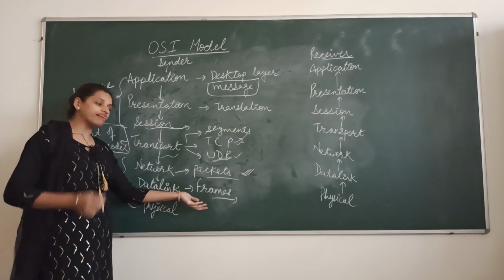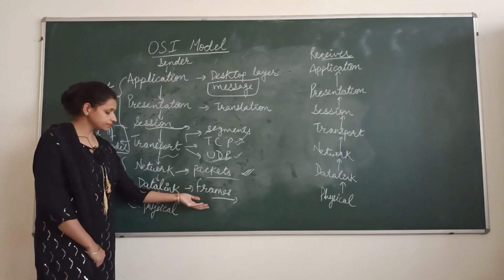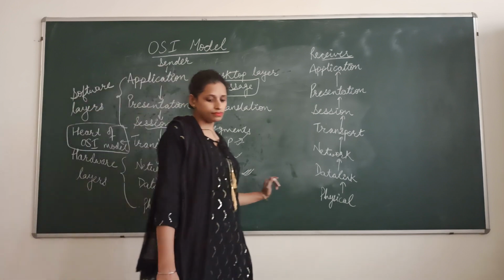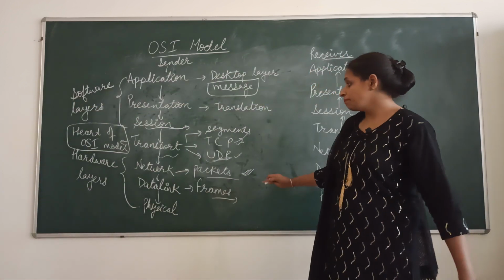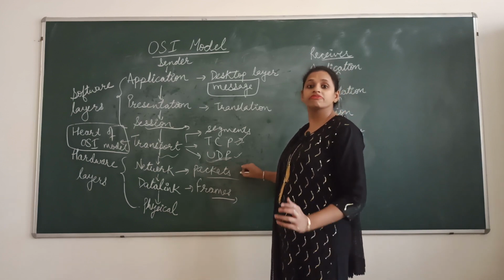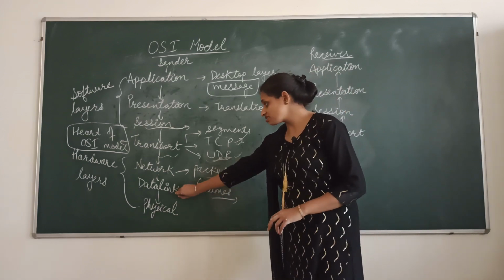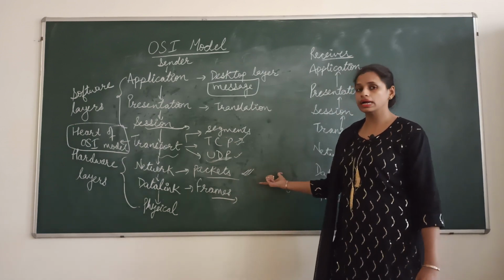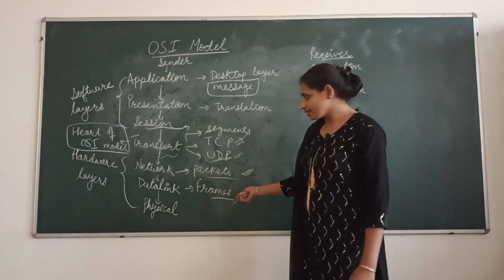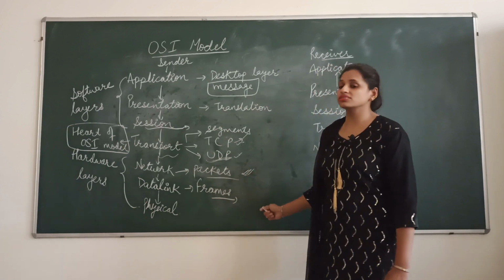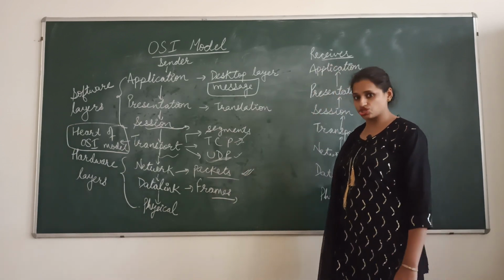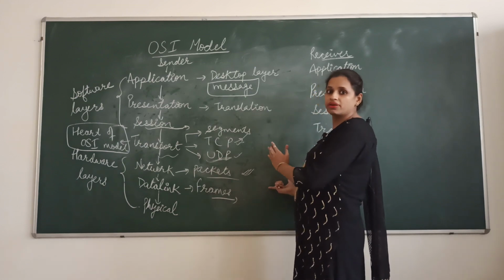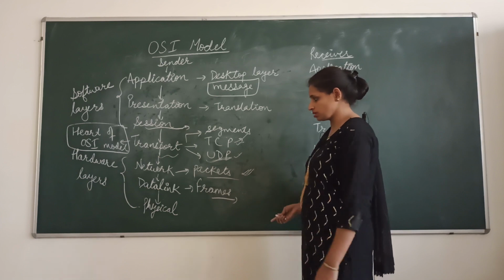The data is divided into frames. In case of network layer, the MAC address is added with data, and in case of data link layer, IP address is also added with the data. Addresses of source as well as destination have to be added with data so that the data can reach its destination.